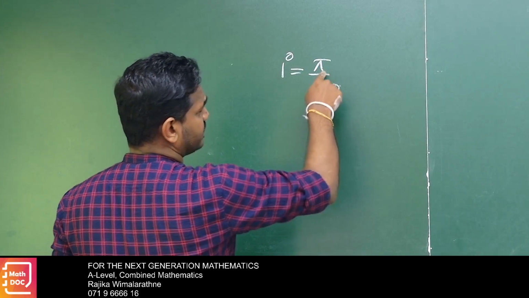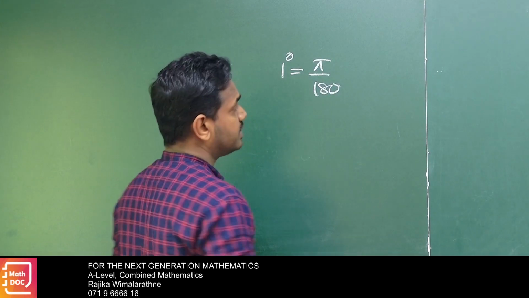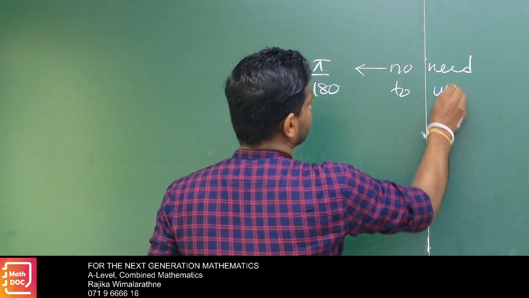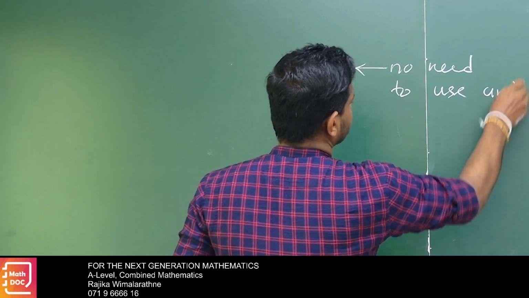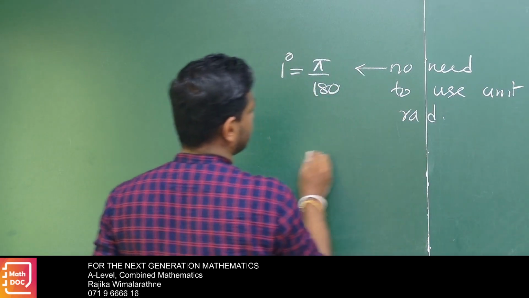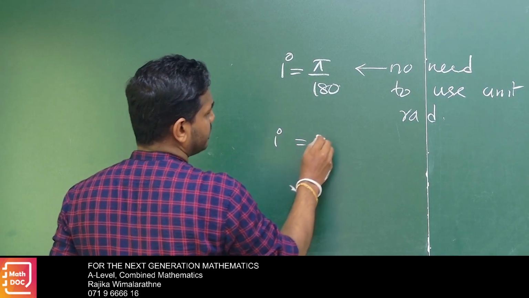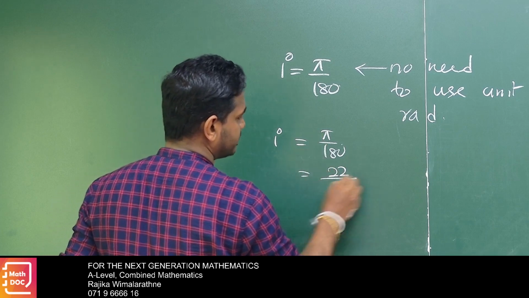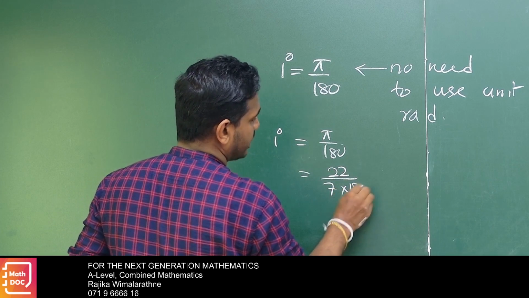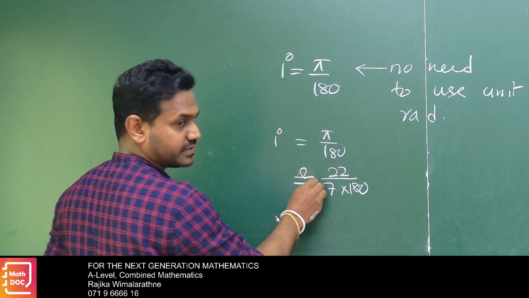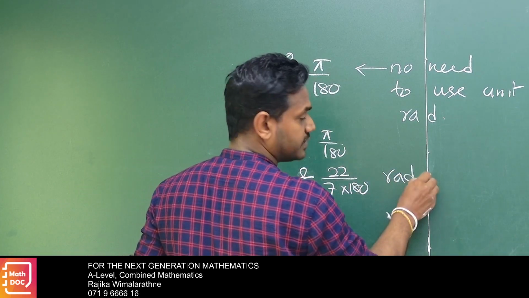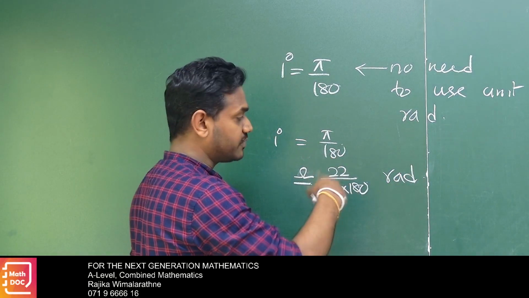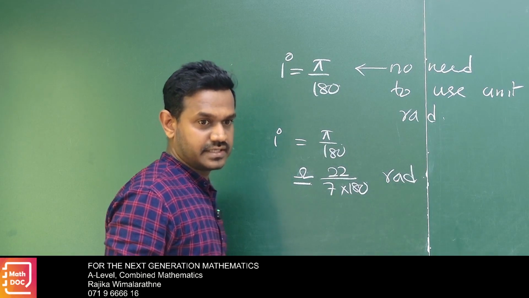When we write in terms of pi, no need to put a unit. When you put pi equal to 22 over 7, it is an approximate value, and from there onwards you have to put the radian unit. In terms of pi, no need to put a unit, but without pi, we have to put a unit.